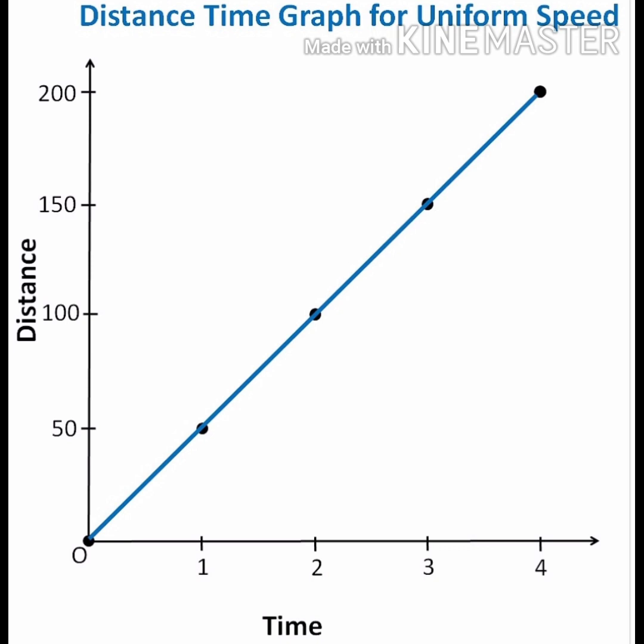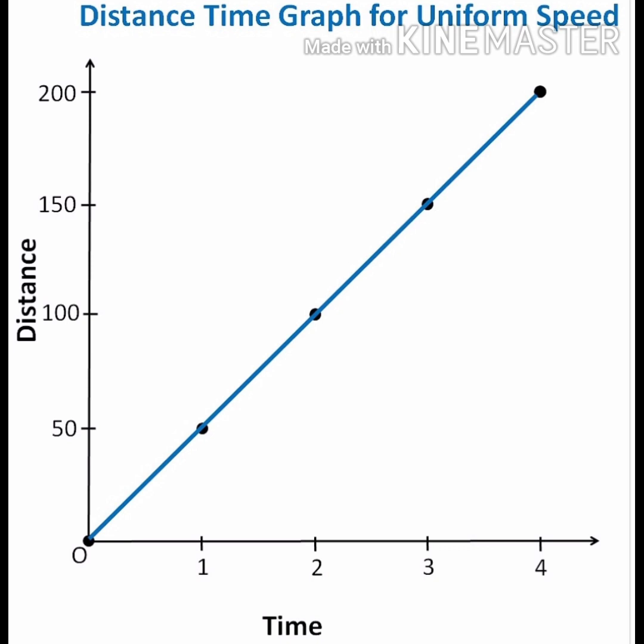Okay, so if you see, the time intervals are given on the x-axis and distance traveled is given on the y-axis. Now for each time, to see the distance, you make a point over it, and if you join all the points, you will get a straight line. Why this straight line?